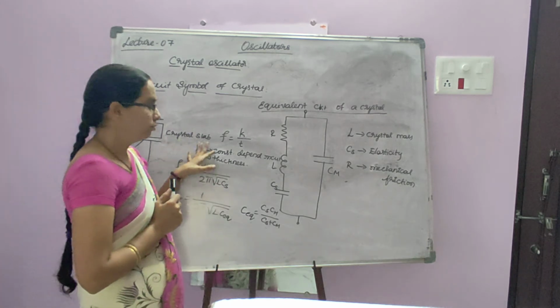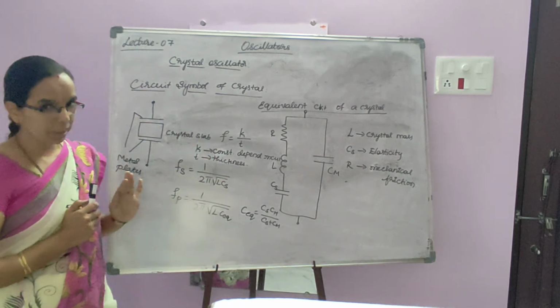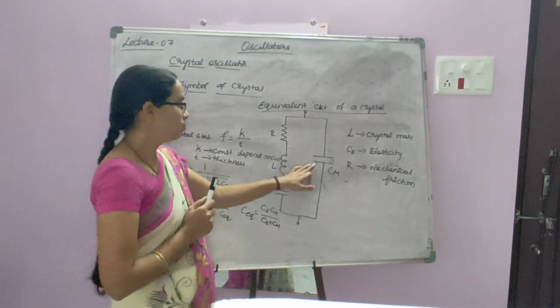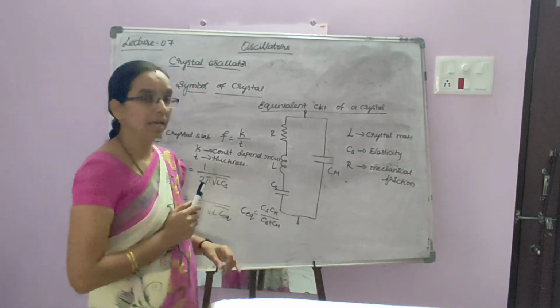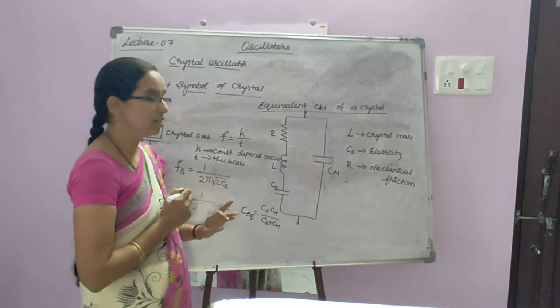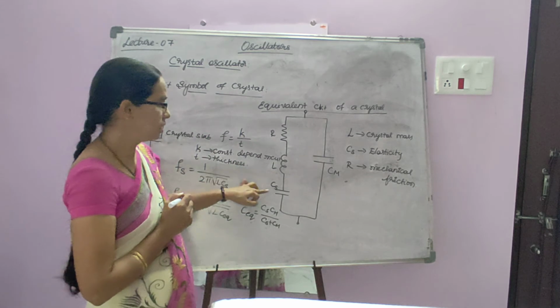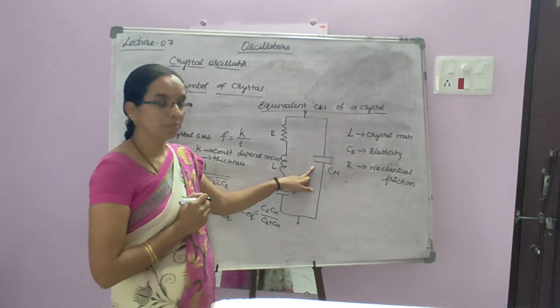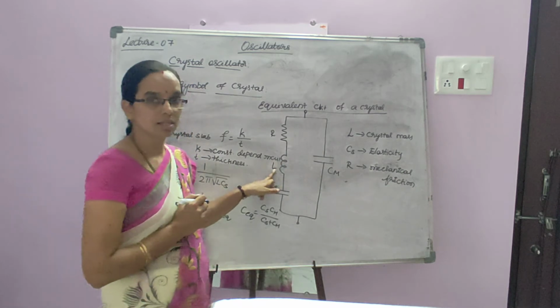Whenever the crystal is not vibrating, at its rest position, it behaves as a parallel capacitor Cm. In this equivalent circuit, we have R, L and Cs in series, and Cm is one more capacitor parallel to this circuit.